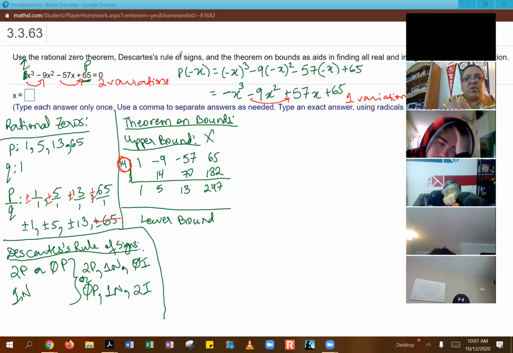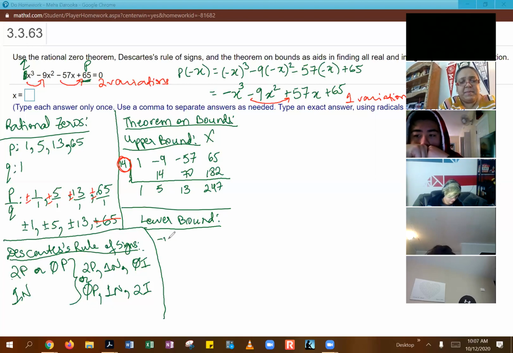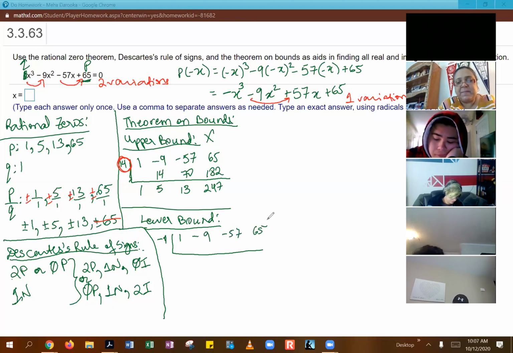And that's the same thing we're hoping to get through our lower bound. So again, start with -1 and see what kind of pattern you have, because we are looking for alternating signs this time.